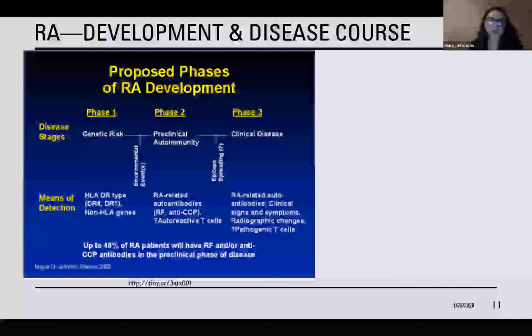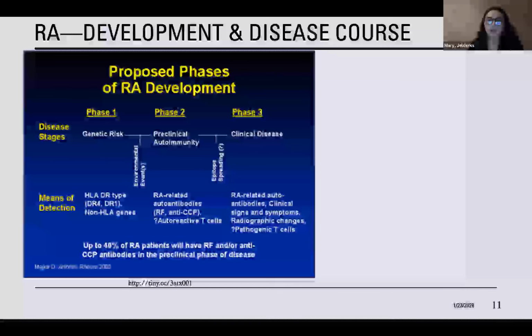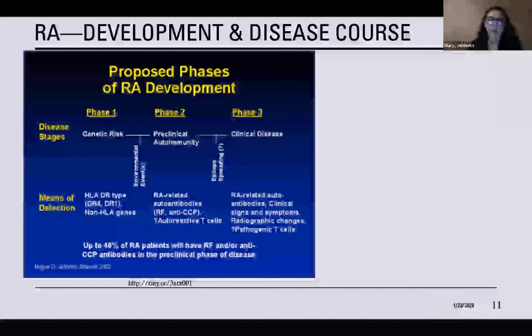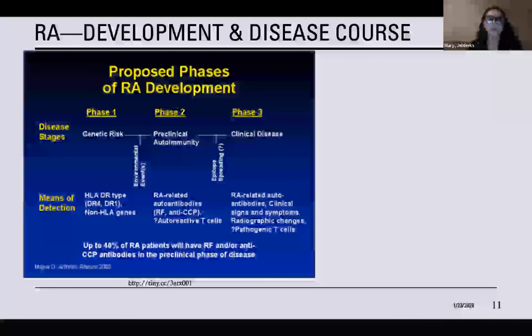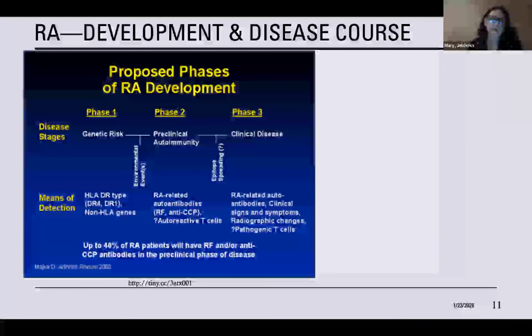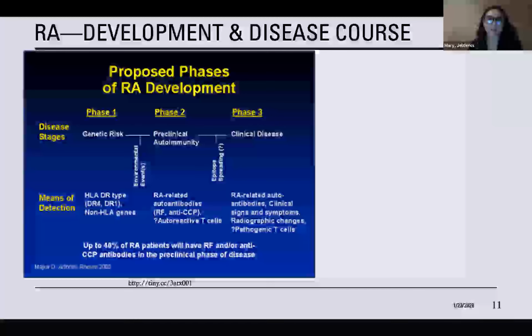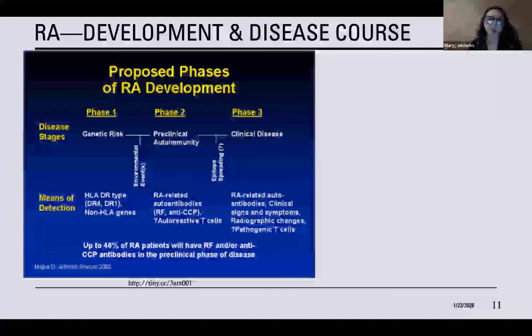So in totality, 40% of patients who do have the RF and the CCP antibodies in that preclinical stage will highly likely move into the phase 3 stage. And really, it's the CCP antibody, because that is a specific antibody in rheumatoid arthritis that we're interested in, and there's a 40% chance of then developing true RA on examination.